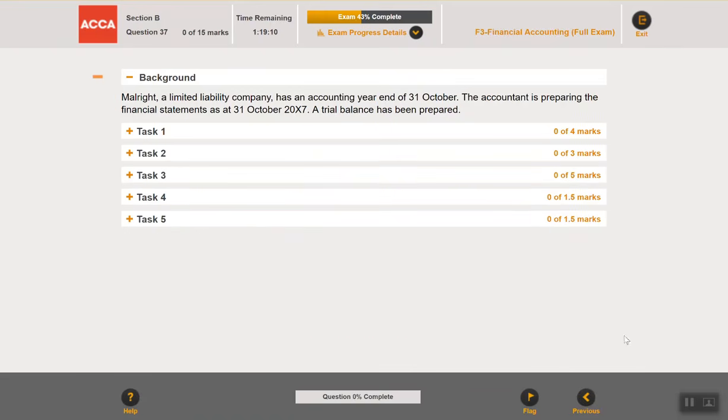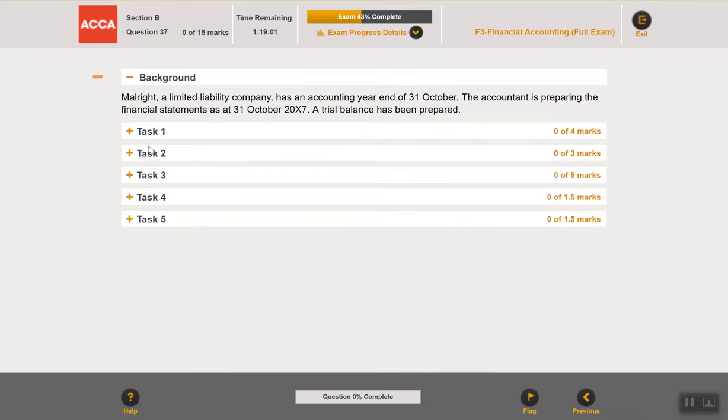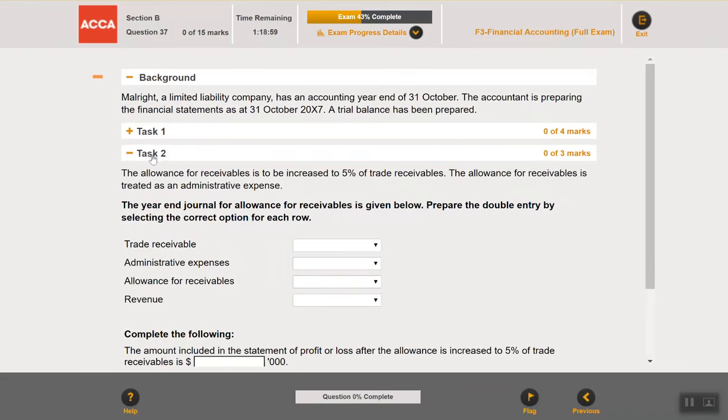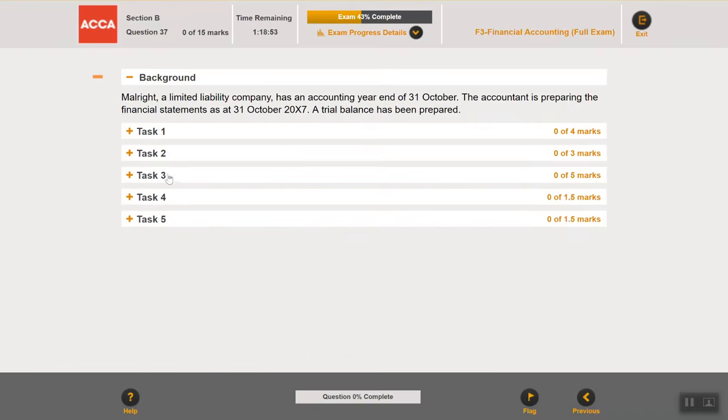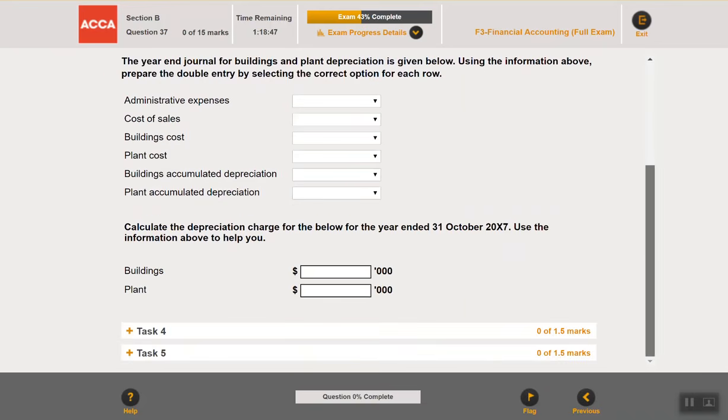Okay, this involves 5 tasks. So let's see if we can find in the same way the questions that are general questions. Some of it seems specific, some general. This seems a general question. So let's keep it open.